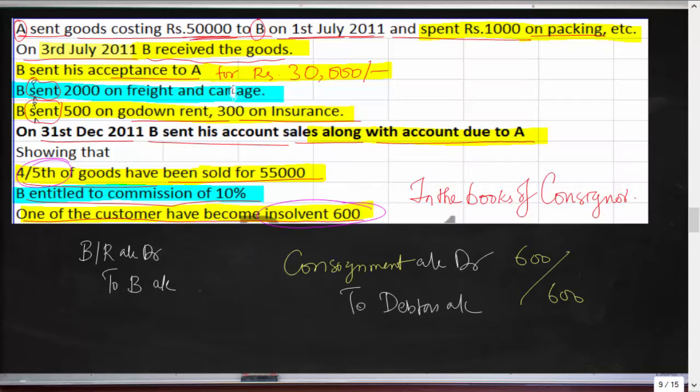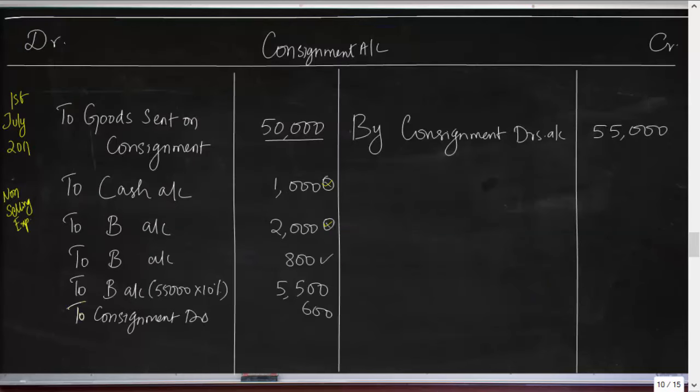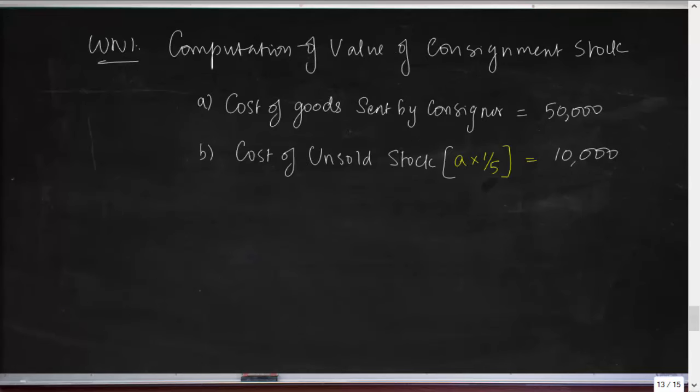If you go back to the question, the 2000 on freight and carriage is non-selling, whereas the 500 and 300 are selling. It means we say yes to this 2000, but no to this 800. We can say yes to this 1000. So we can consider the cash expenses of consignor and consignee provided they are non-selling expenses.